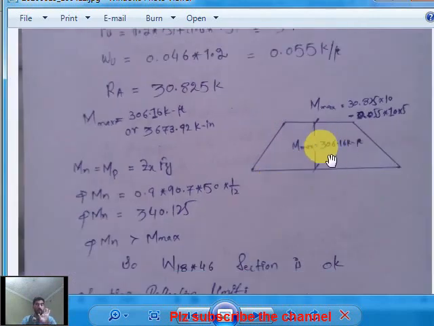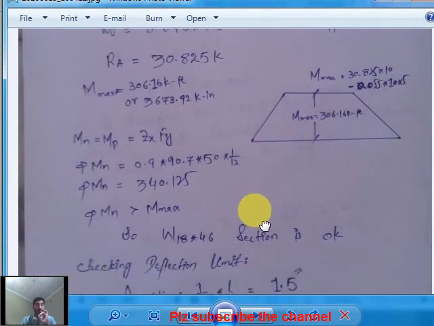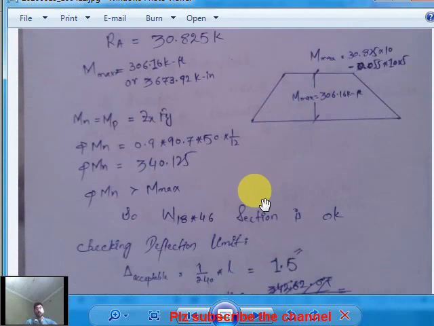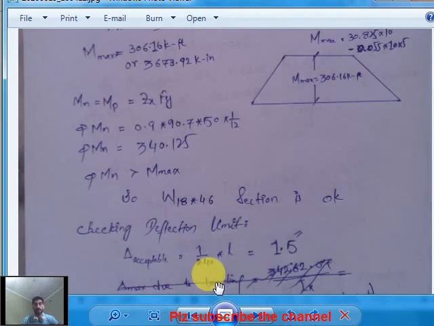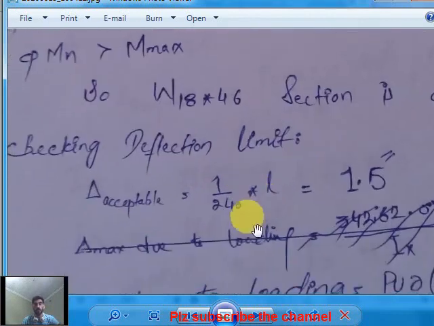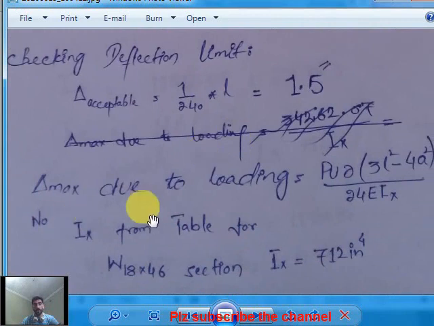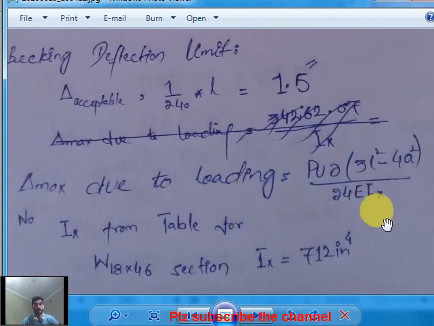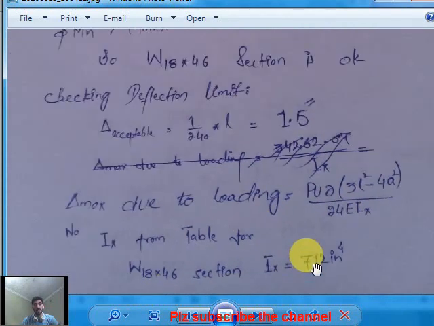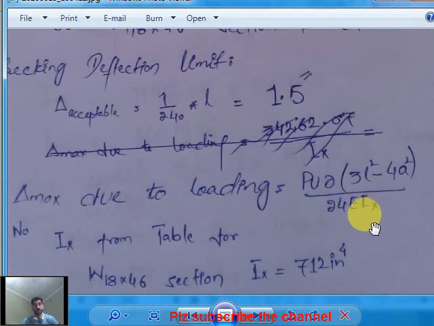But now we have to check the deflection limit, and that is a tricky part which affects your design. So let us see. You find your acceptable deflection, that is L/240, 1.5 inch, and delta max due to loading is PuL^3 over something, already I discussed it. From this equation they got the Ix, that is 712 inch^4.